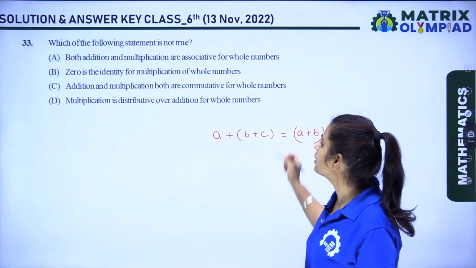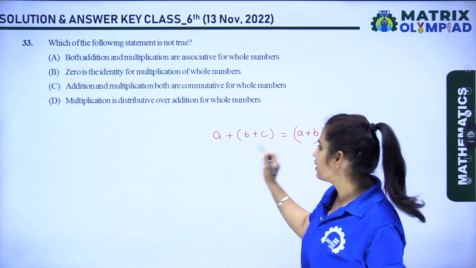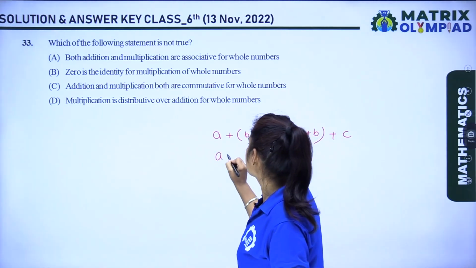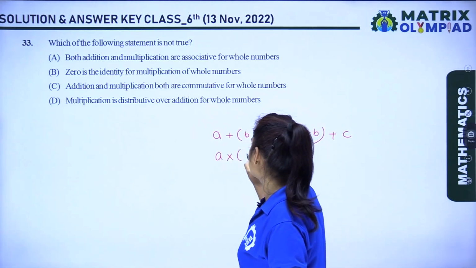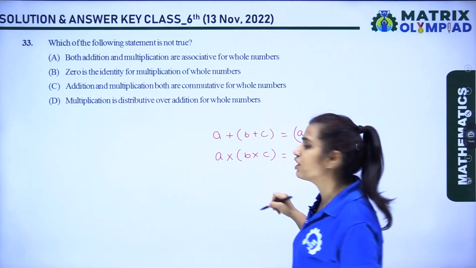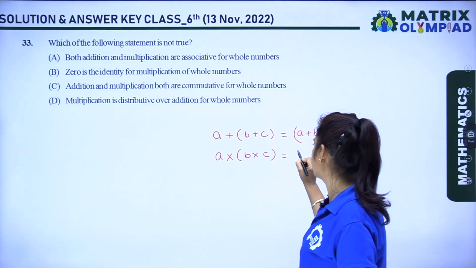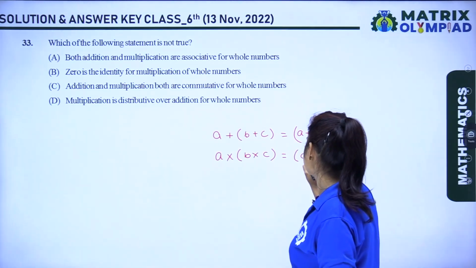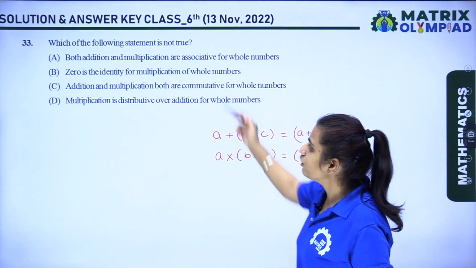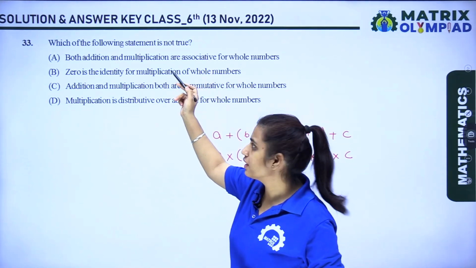It satisfies the condition, that is LHS is equal to RHS. In the same way, if three elements are given to us, they will satisfy both addition and multiplication property of associative in whole numbers. So we can say that first option is correct.